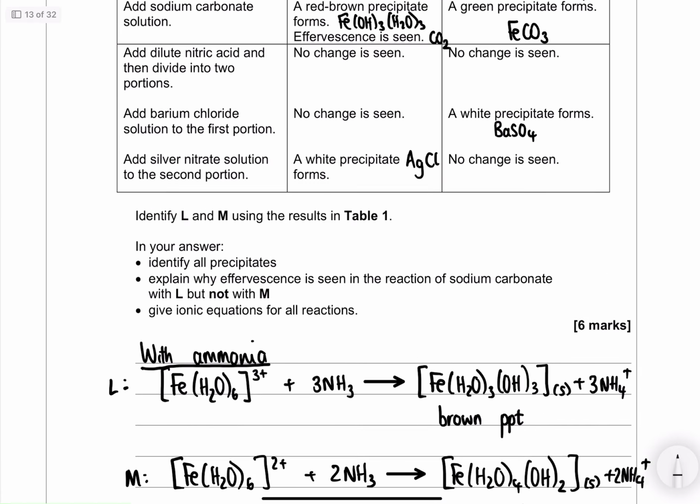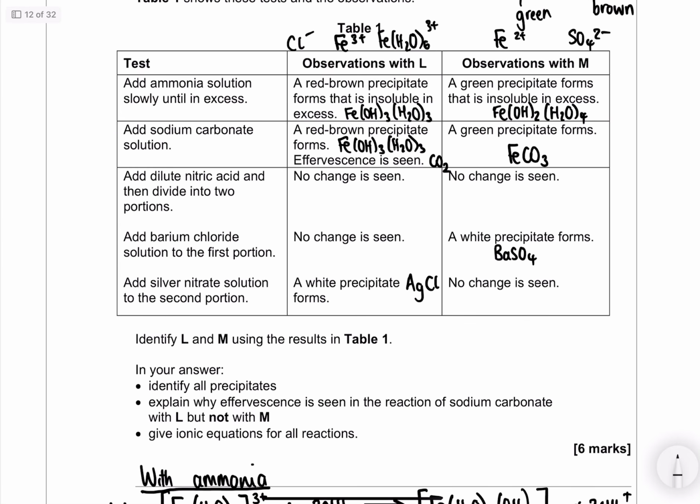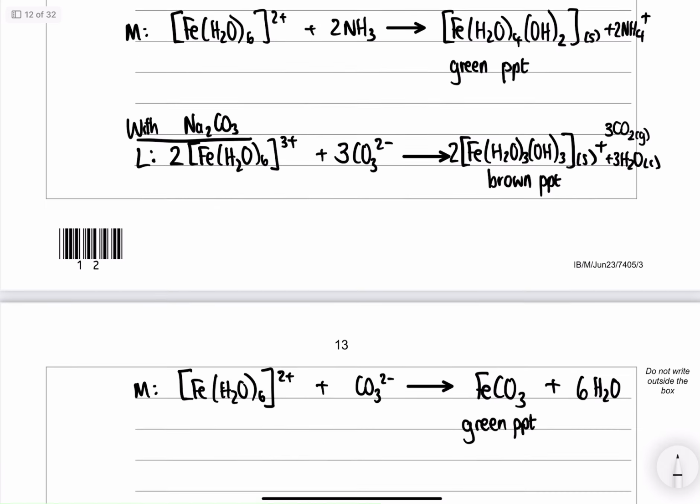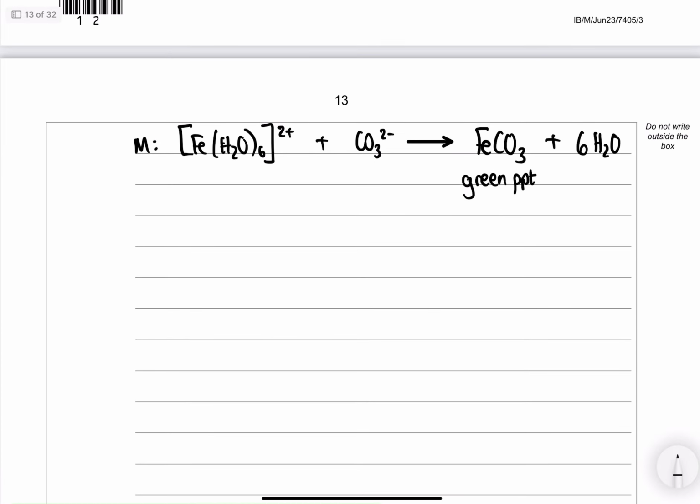So if we go back and check, we've identified the precipitates in those first 4 reactions so far. We're going to explain why the effervescence is seen with L but not M.